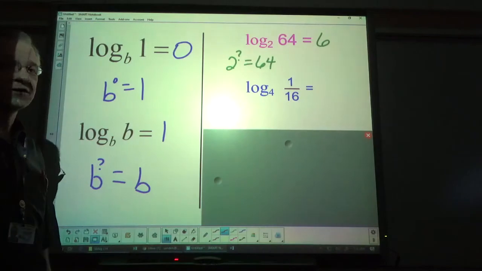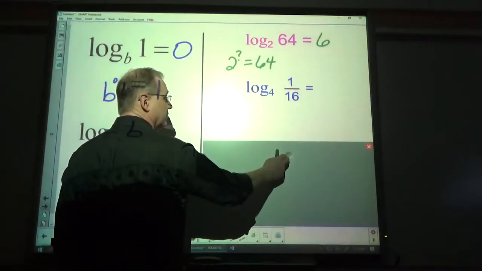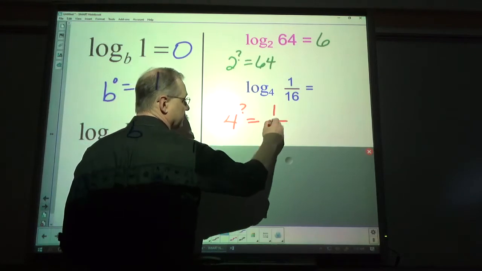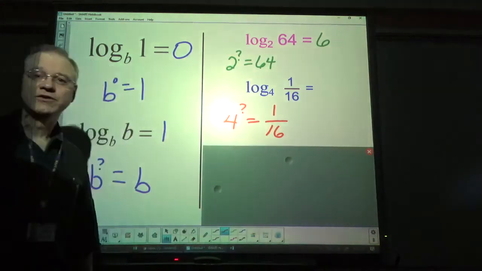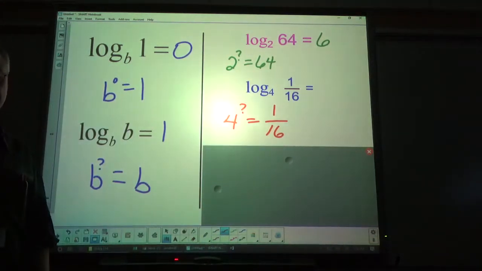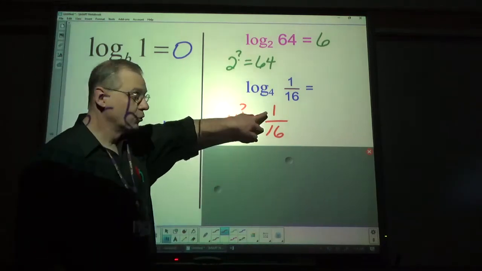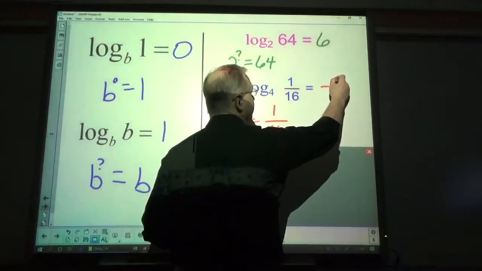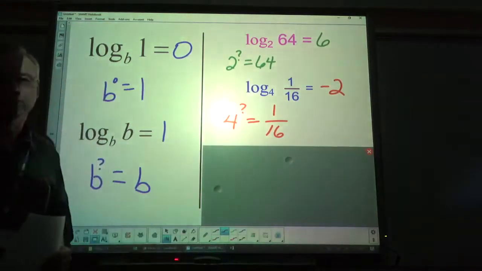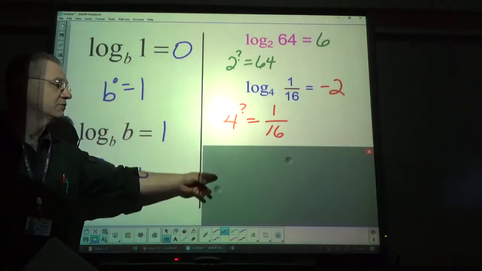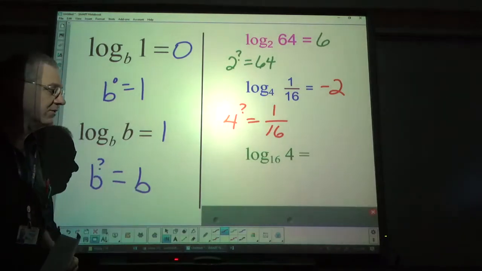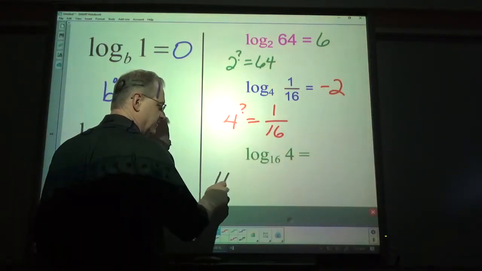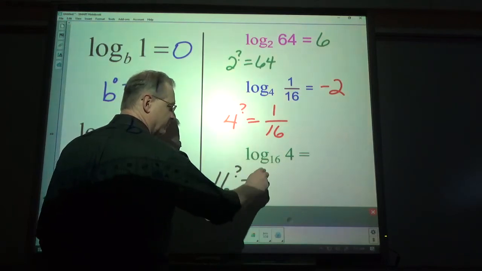Log base 4 of 1/16. 4 to what power equals 1 over 16? Well, we know 4 squared equals 16, but to make it 1 over, negative. So 4 to the negative 2 equals 1/16. And how about this one? 16 to what power equals 4?